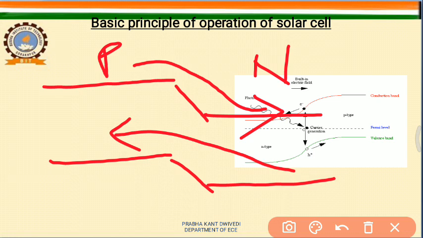That means recombination reduces the efficiency of the conversion and the rate of current in the external circuit.